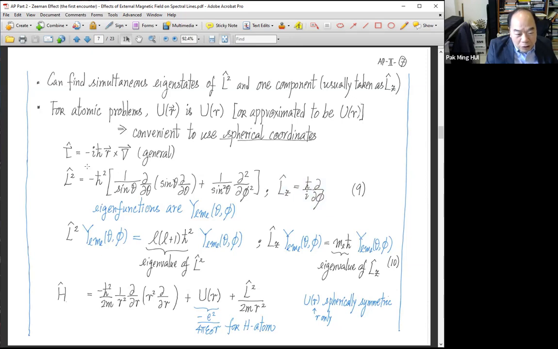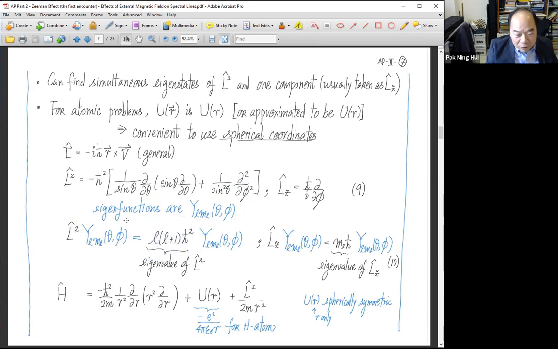The solution to this, you have also worked out. They are called spherical harmonics, Y_lm(theta, phi). Just to remind you, the eigenvalue of L square is this form.